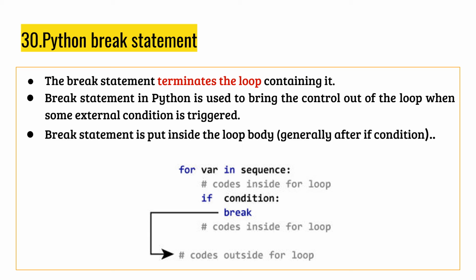Once the break statement is executed, the control flow never goes back to continue the for loop. Instead, it comes out of the loop and goes to the next statement, which you can clearly see in the picture.